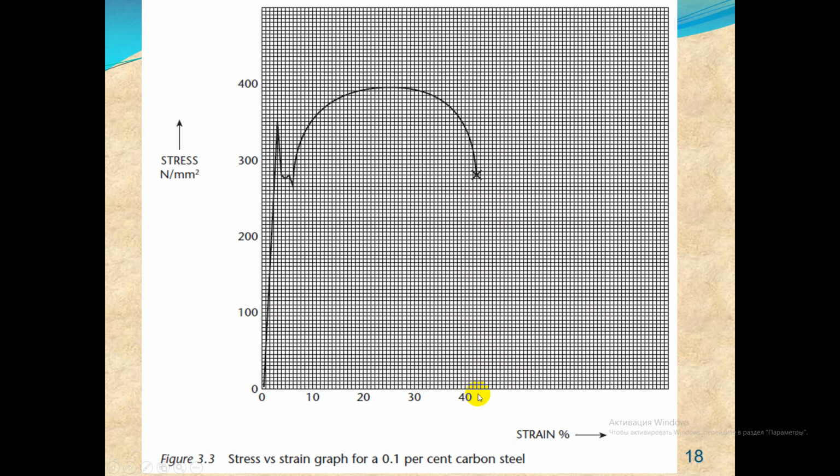This means that the test piece gauge length was 42.5% longer than it was at the start of the test.